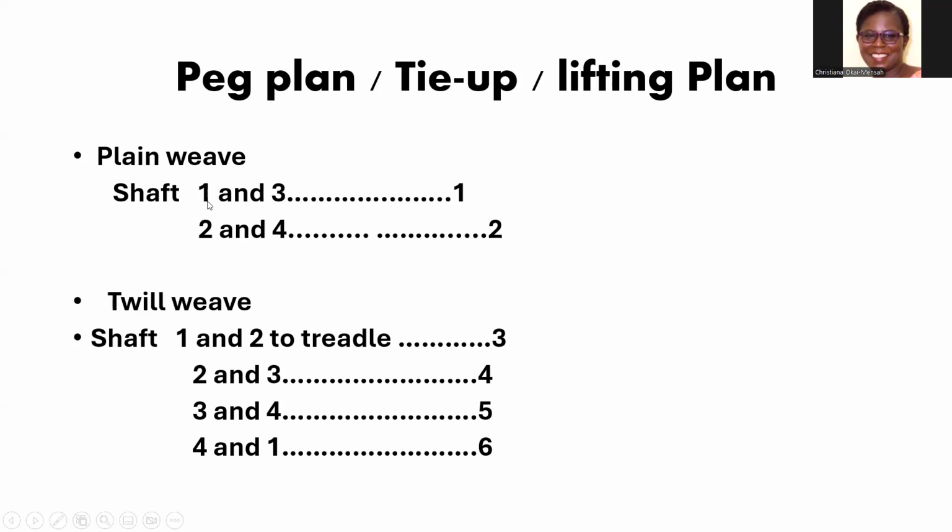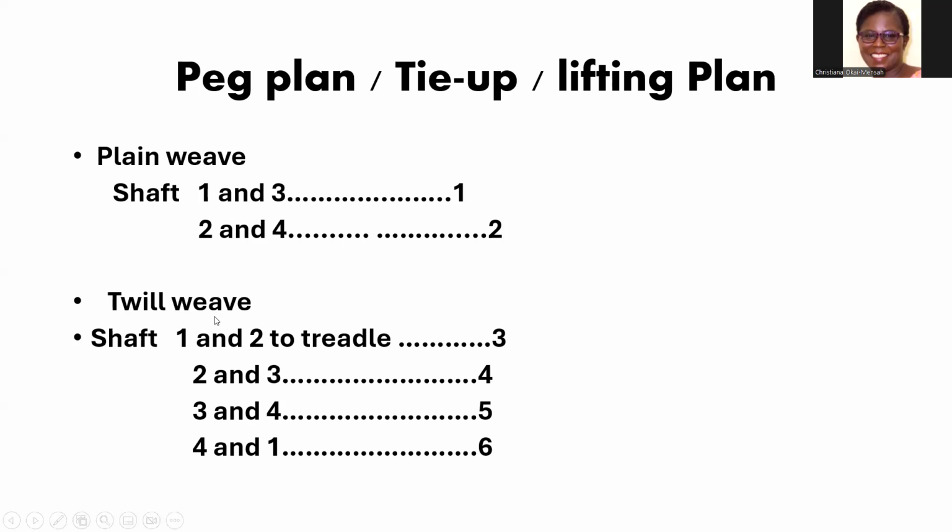So we tie shaft 1 and shaft 3 to treadle 1, shaft 2 and shaft 4 to treadle 2. The treadles are 6, as I've already explained. I'll show the loom to you very soon for you to know. Or just take your book and let's move accordingly.